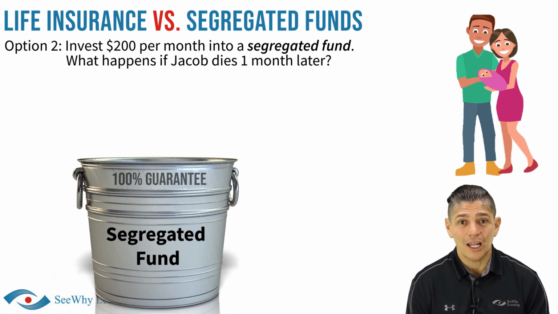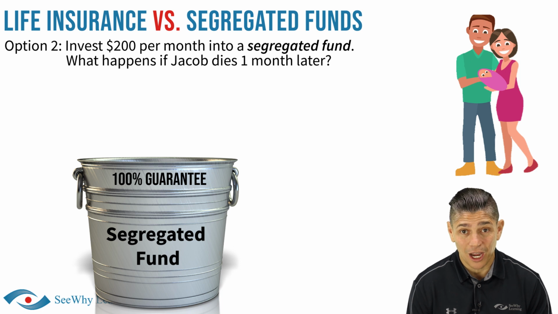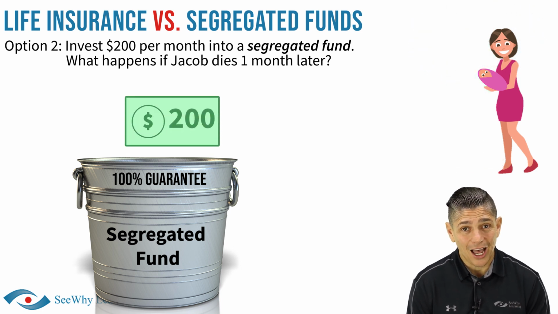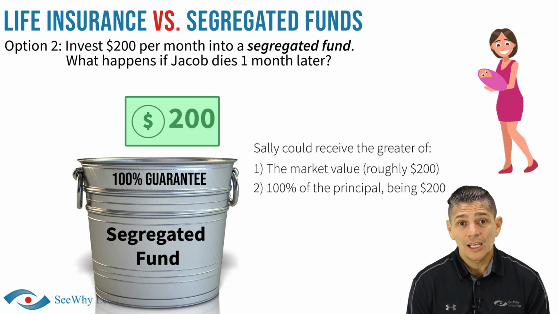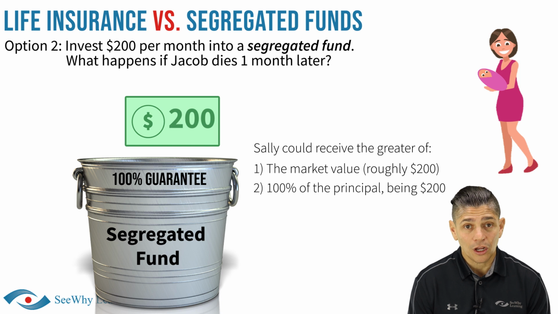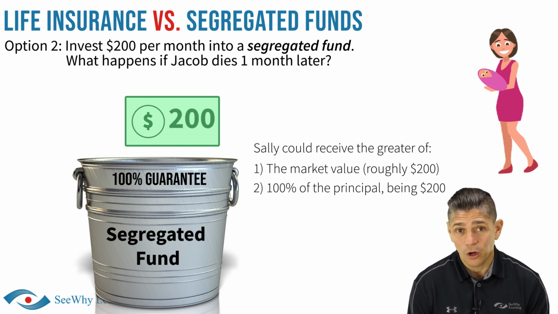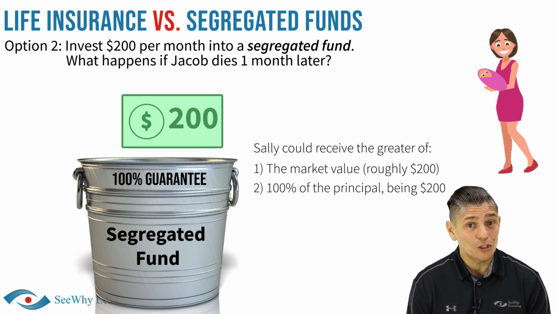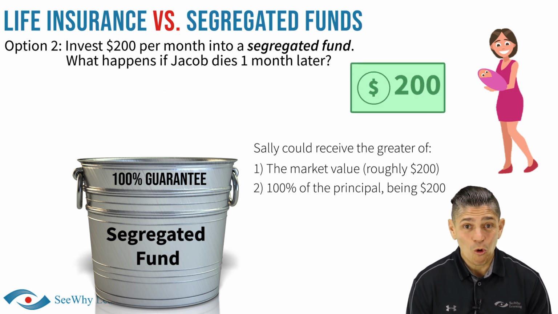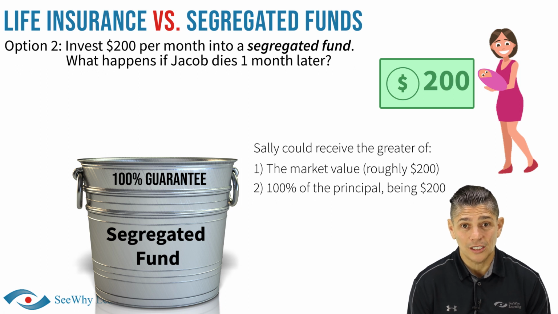Let's assume that Jacob selected a fund that offered the maximum guarantee of 100%. Now that Jacob has died, as beneficiary, Sally would receive the greater of the following 2 amounts. The market value, which after only a month will be in the ballpark of $200, or 100% of the principal being $200. This won't be enough to support Sally and Gracie.